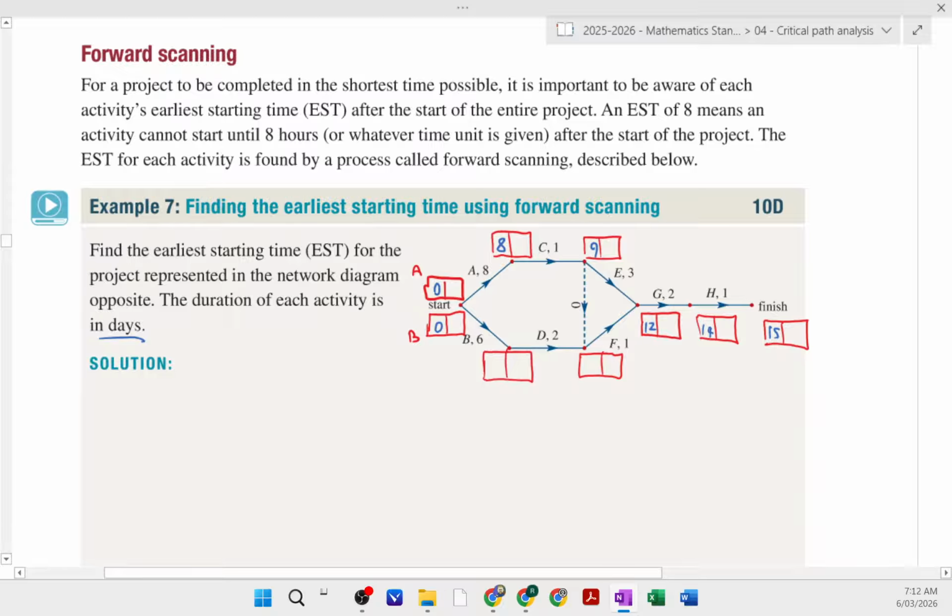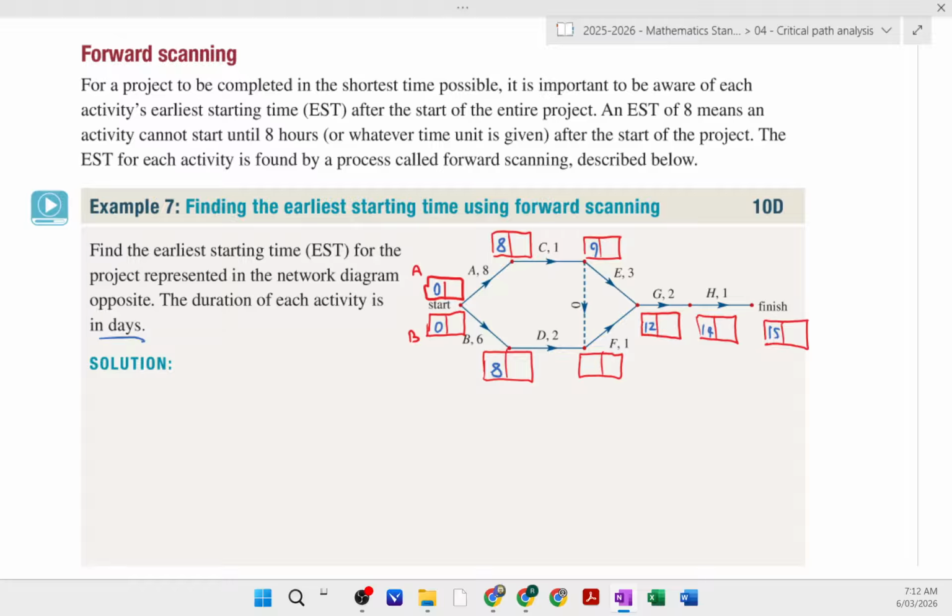Now, there is one small issue with this that I haven't brought up that's not really going to matter at this point, but we'll have a look at it when we get to it. So we'll now go the other track. B obviously can't start until 8 as well. That is the earliest time it can start. Am I going nuts?